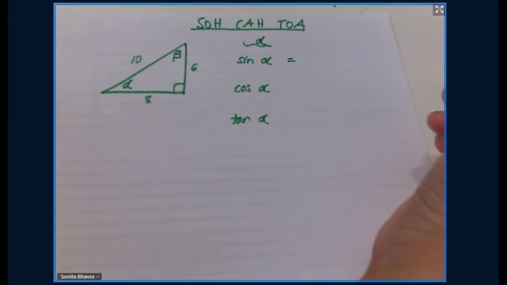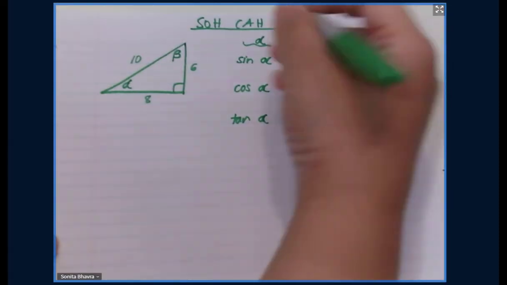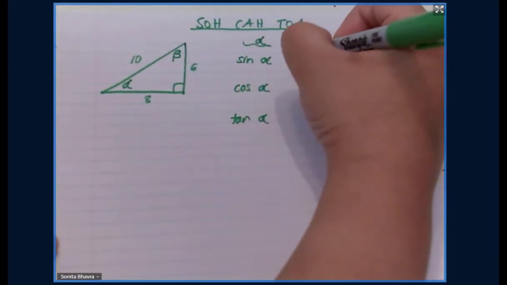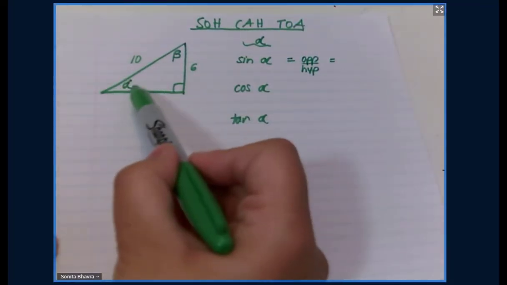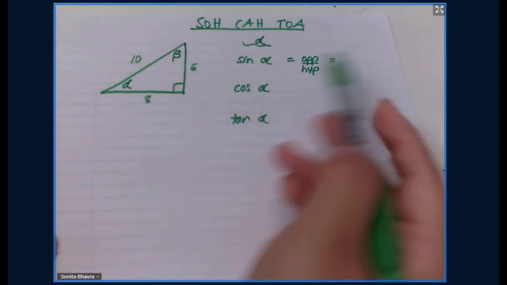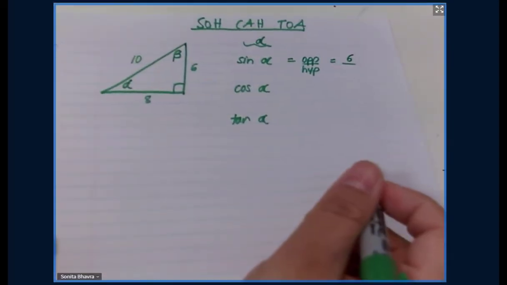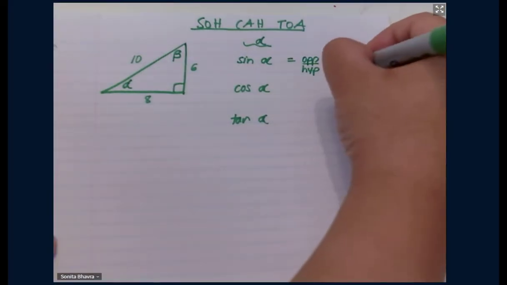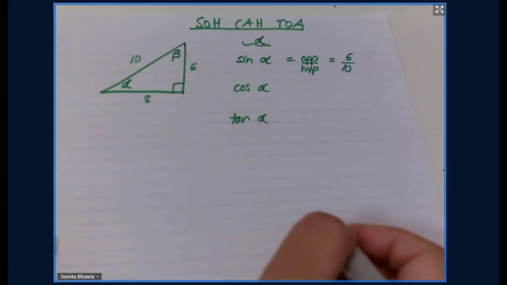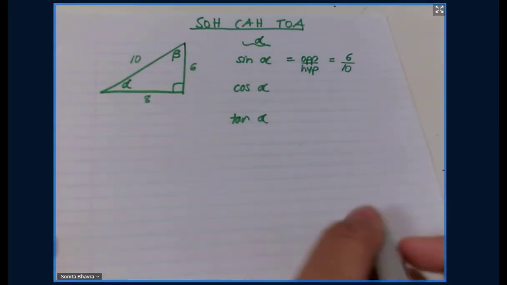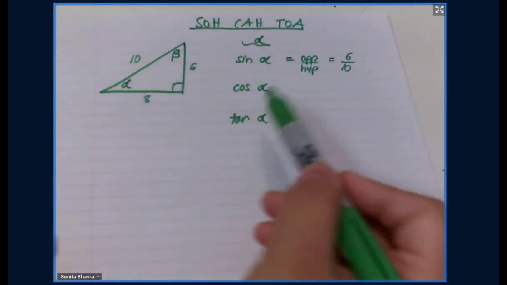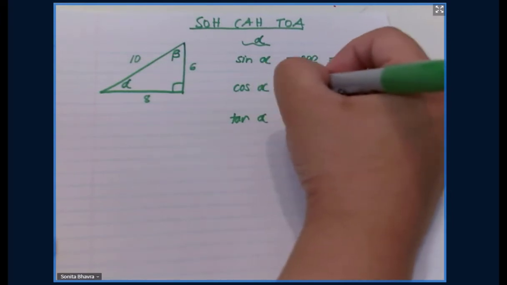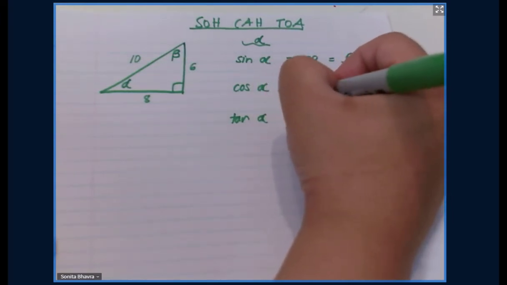All right, so sine ratio is opposite over hypotenuse. Opposite this angle is 6, and our hypotenuse is 10. So there's our ratio, 6 over 10. You can reduce this or put it in decimal. I'm just going to leave it as 6 over 10 for now, just to show from our triangle. Our cosine ratio is adjacent over hypotenuse.